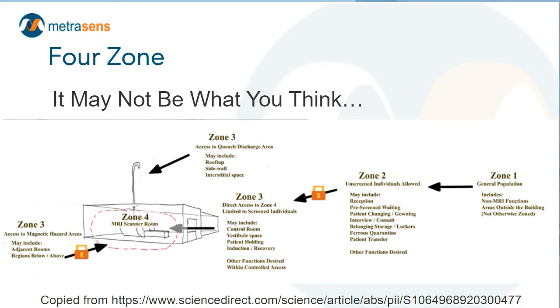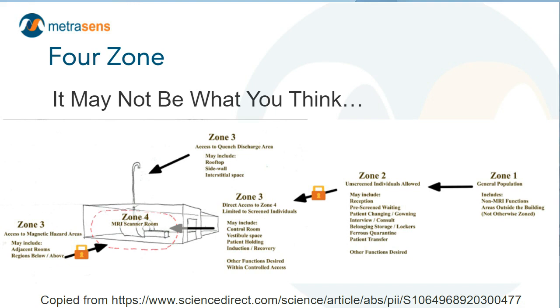Zone 4, the area with the highest risk: you experience the potential for the greatest risk when you're inside the MRI scanner room. That's when things can go flying at the magnet with greatest intensity. So we define Zone 4 as the region within the walls and ceiling and floor that bound the MRI scanner room.